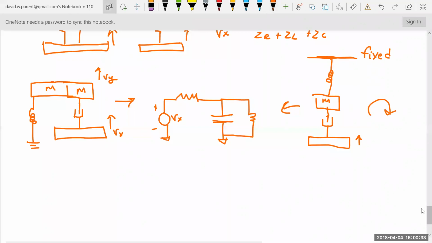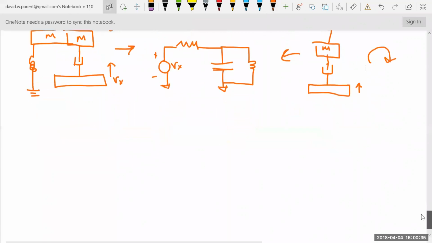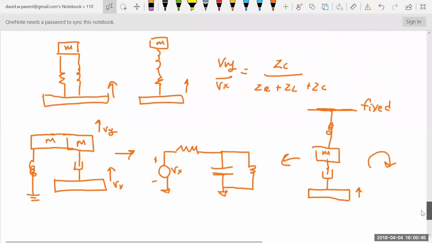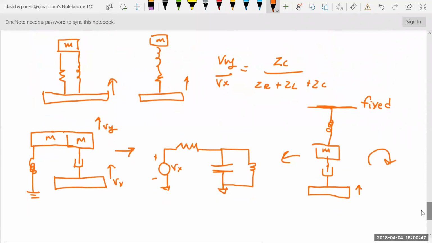All right. Yes, sir. One end of this spring goes to the mass. That's measuring how much the velocity is changing. So that's there, right?